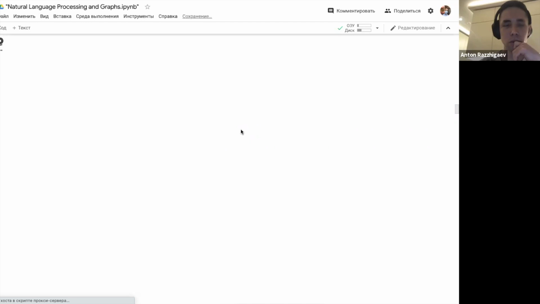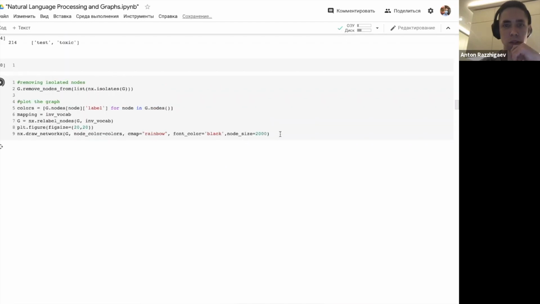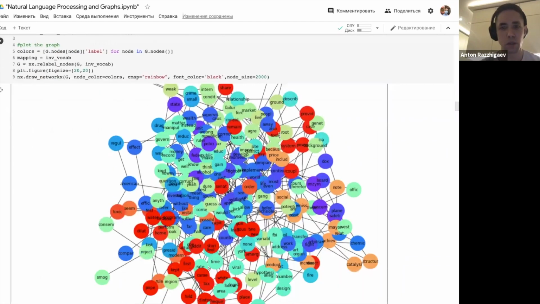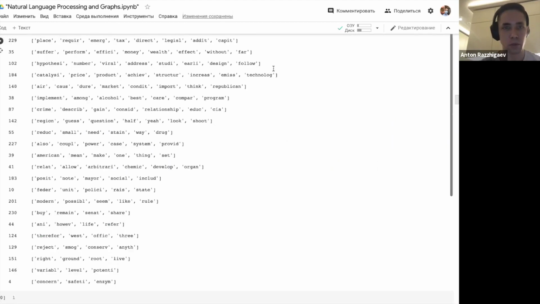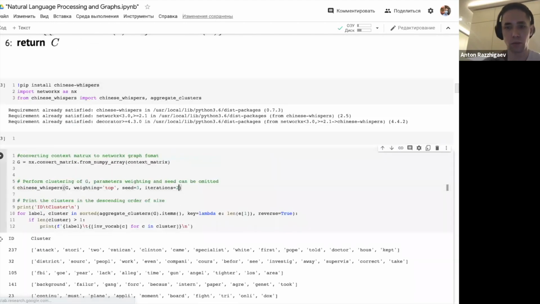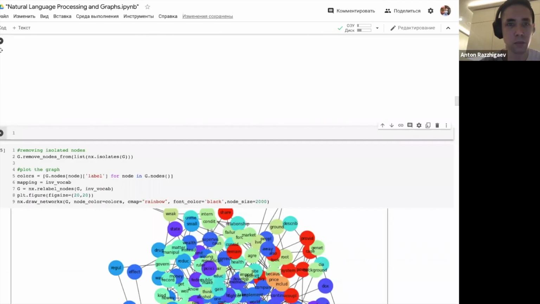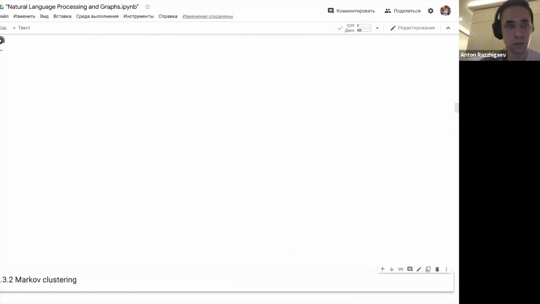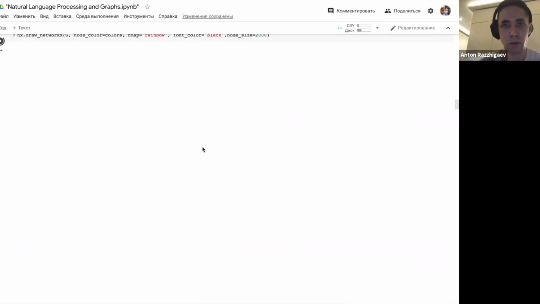About several thousand words. Too small steps, I guess. It's only 20 steps of the algorithm. Let's apply it and plot the graph.